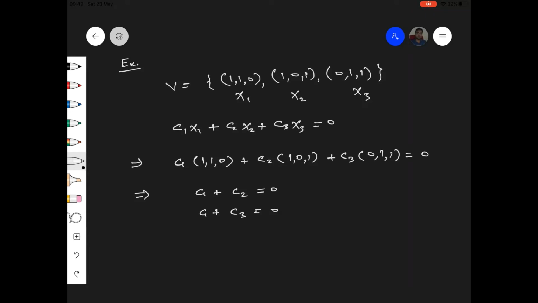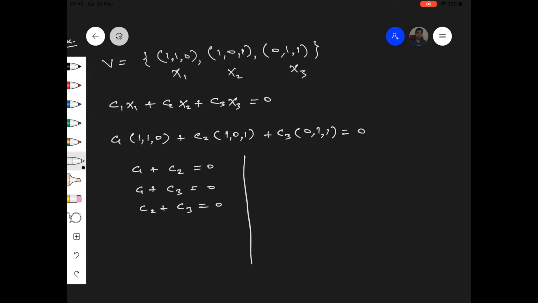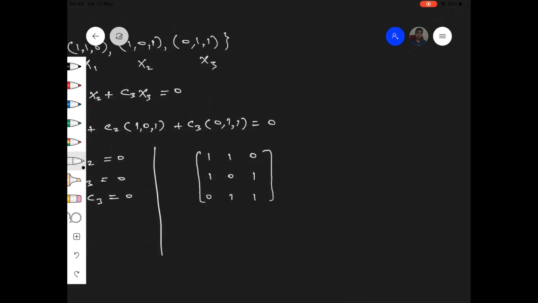Now we are interested in the solution of this system of linear equations. So let us write its coefficient matrix: 1, 1, 0, 1, 0, 1, 0, 1, 1. We can write this coefficient matrix directly from the initially given set V. Let us convert this matrix into row reduced echelon form.